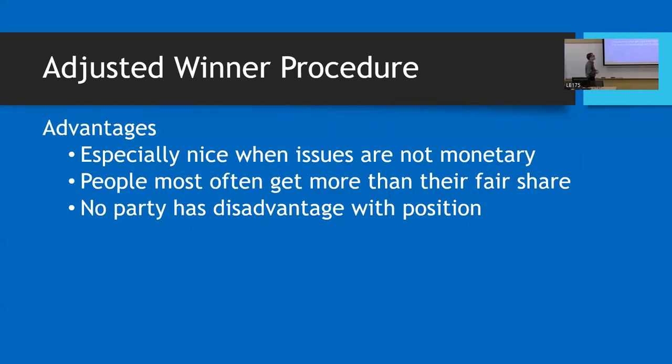And this adjusted winning procedure takes out any positional advantage that the divider chooser methods would have put in. One other really nice part about the adjusted winning procedure is that you don't have to have a pirate treasure chest to do this. The things you're arguing about don't even have to be monetary.